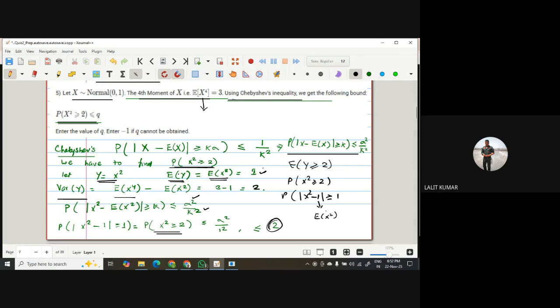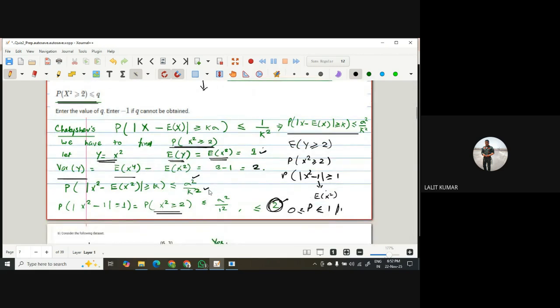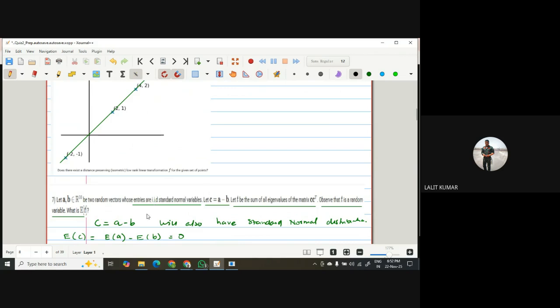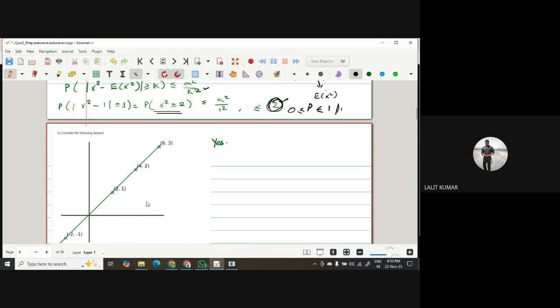If you see this probability, it has to be between 0 and 1. It is not matching, but for this question we found that it is coming less than or equal to 2.